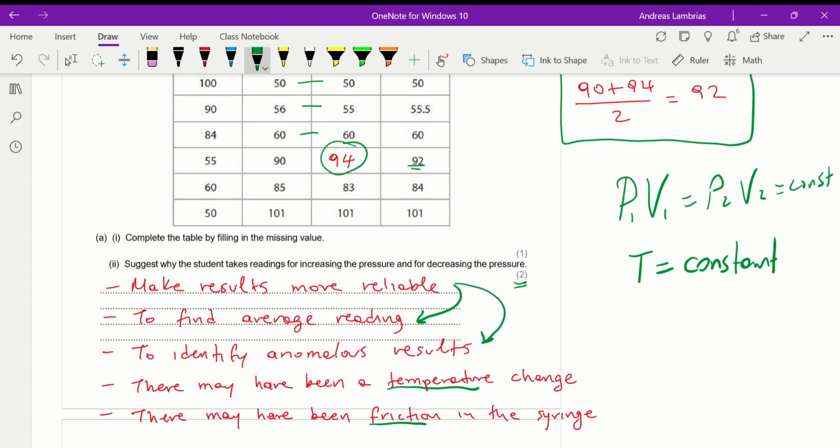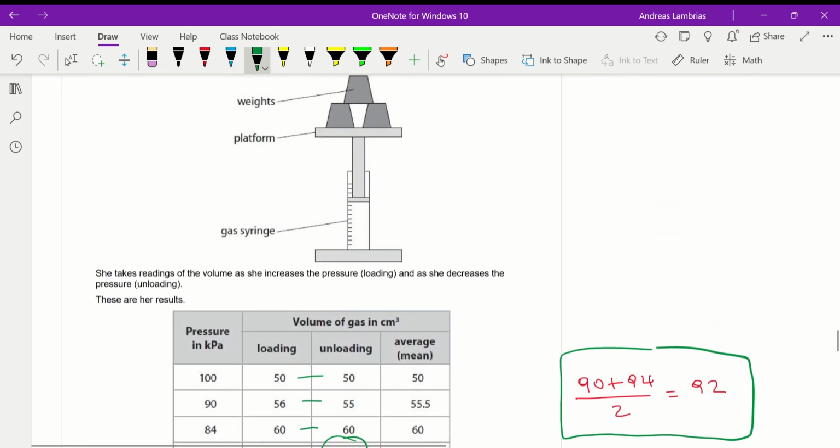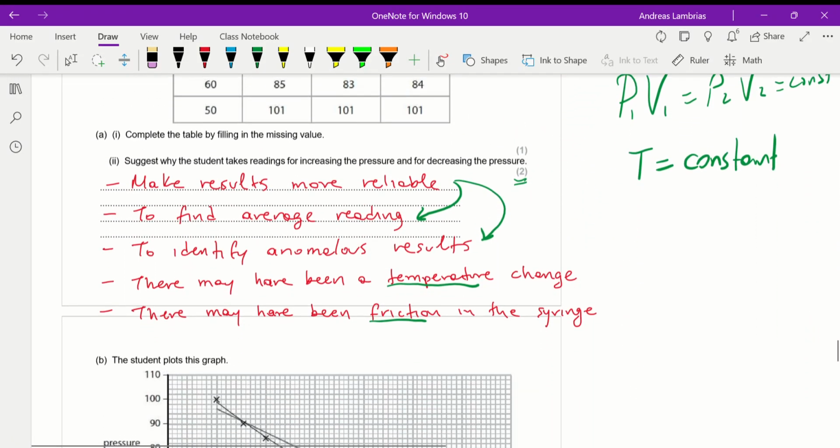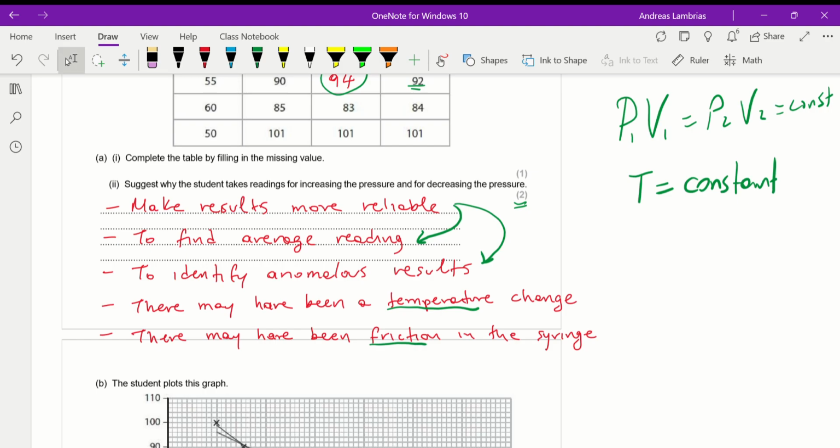And because of friction between the piston here and the walls of the syringe, we know that friction is causing changes in the temperature. Therefore, we might have some temperature changes. So by having more than 1 measurement, we can see whether there's any effect of the temperature or the friction. So the last 2 statements have to do with temperature and friction.